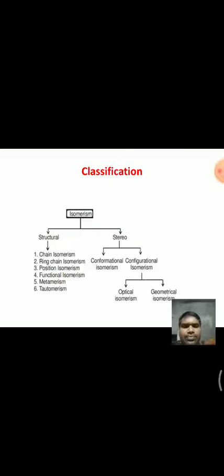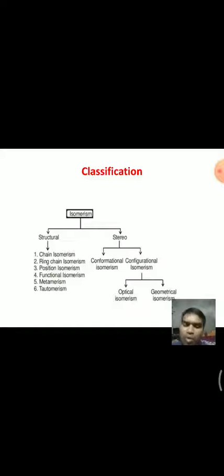Coming to the classification again, the detailed classification is like this. Isomerism is classified into two types, structural and stereo. Structural isomerism is again classified into 6 types: chain isomerism, ring chain isomerism, positional isomerism, functional isomerism, tautomerism and metamerism.